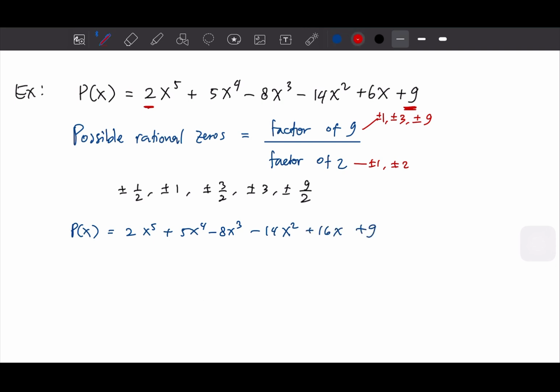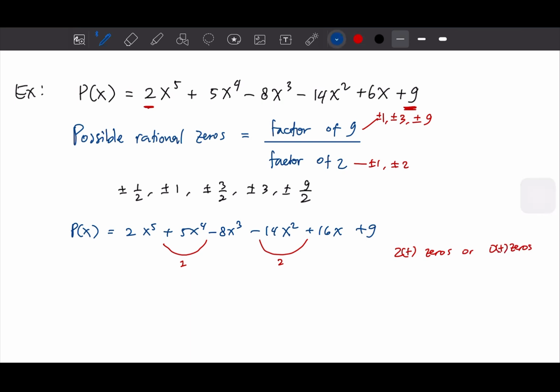So there's 1, and then there's 2. So 2 sign variations. So it's going to have 2 positive zeros or 0 positive zeros. Okay, so it could be 2 or 0.